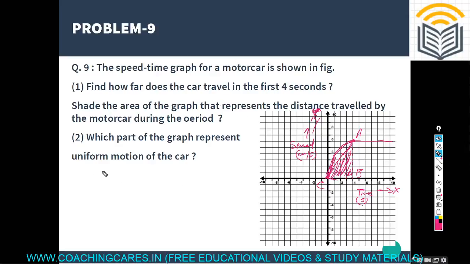We already studied that distance in a speed time graph is the area under the plotted graph line.